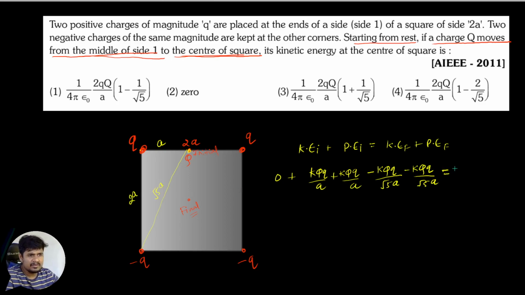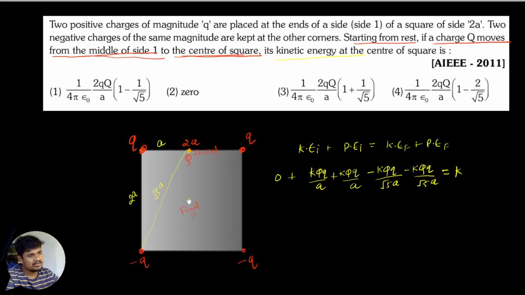The final kinetic energy is what we have to calculate. That is half mv squared, but they are asking us simply to write the kinetic energy, so we can directly write it in terms of K only. Let us consider this as K here, and then the potential energy at the center. Whatever potential energy we have here due to this positive charge at this position, and then this positive charge at this position, exactly the same amount of potential energy we will have from the negative charge at this position, and because of this negative also the same value.